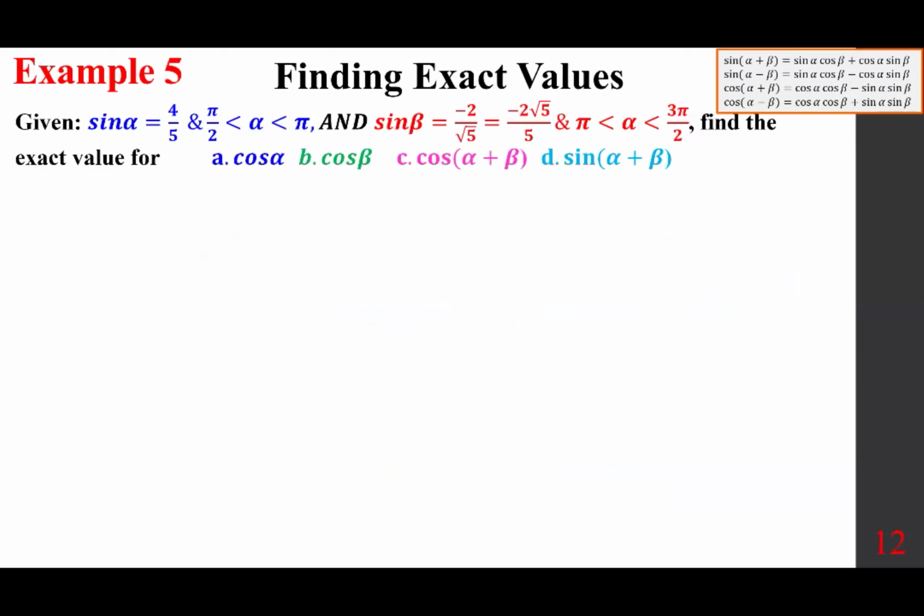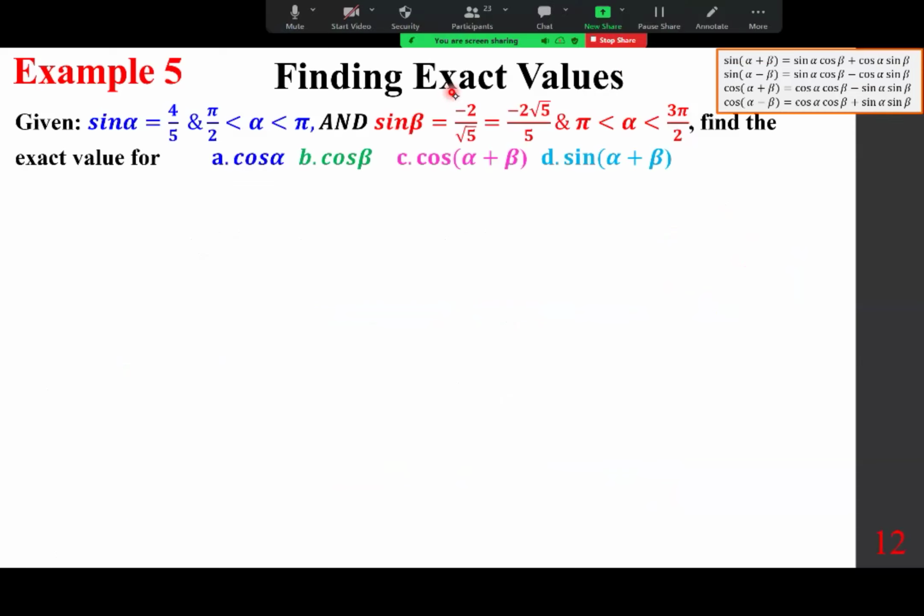We continue finding exact values. Given sine alpha is 4/5 and alpha is between pi/2 and pi, quadrant 2.